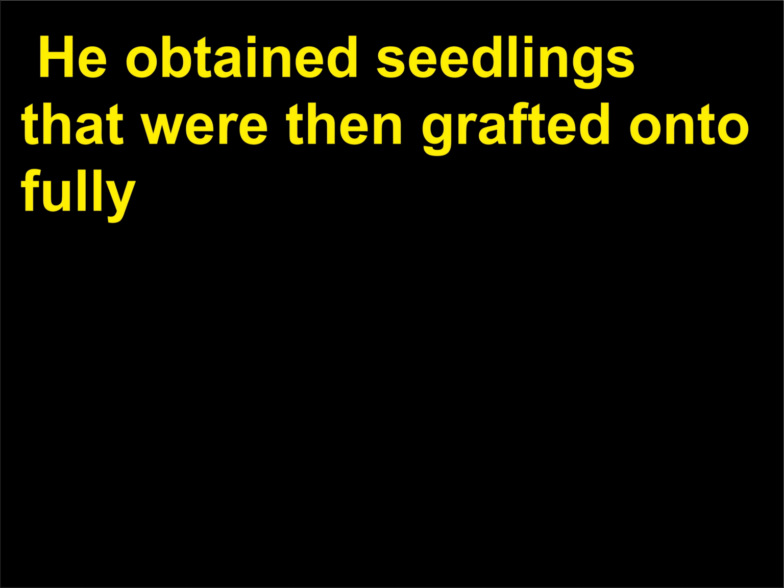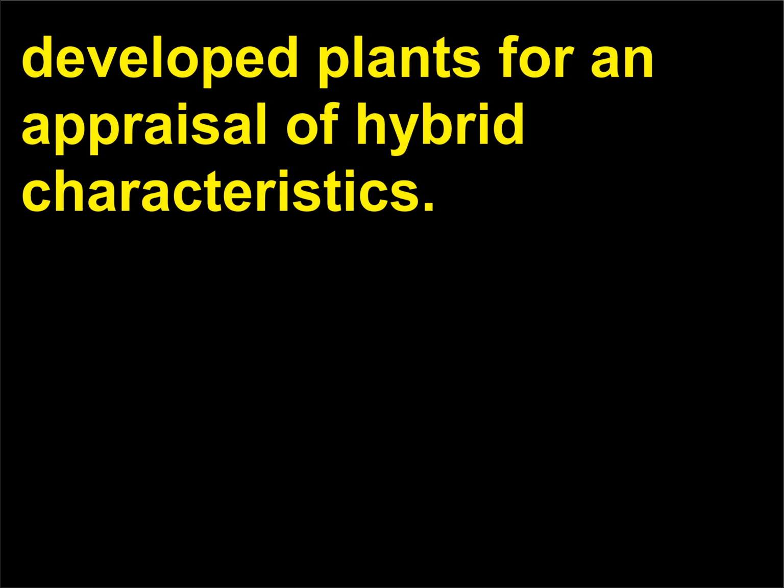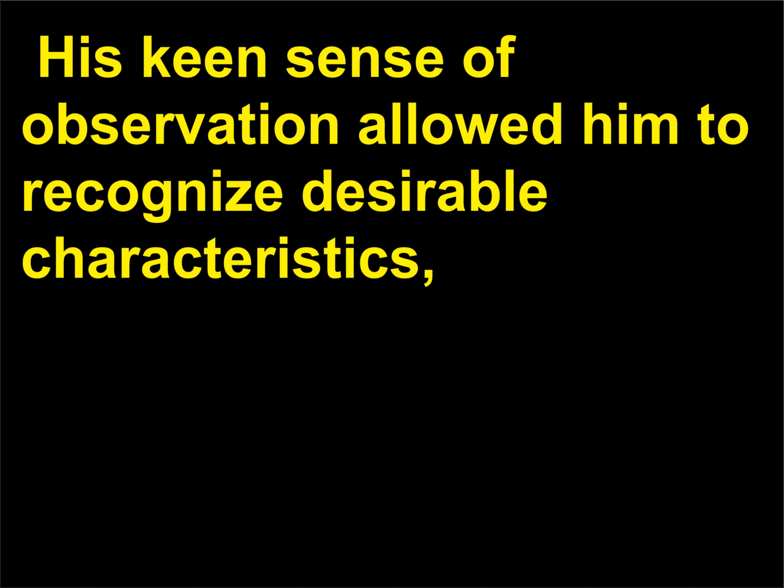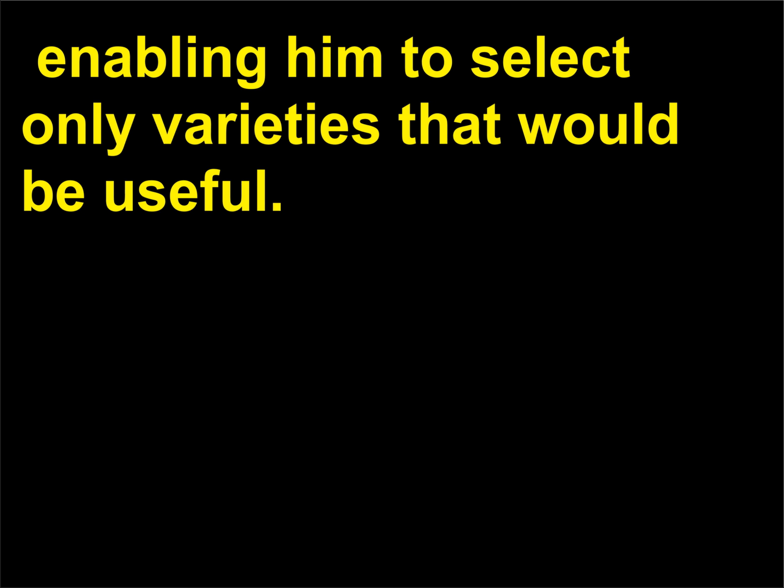He obtained seedlings that were then grafted onto fully developed plants for an appraisal of hybrid characteristics. His keen sense of observation allowed him to recognize desirable characteristics, enabling him to select only varieties that would be useful.